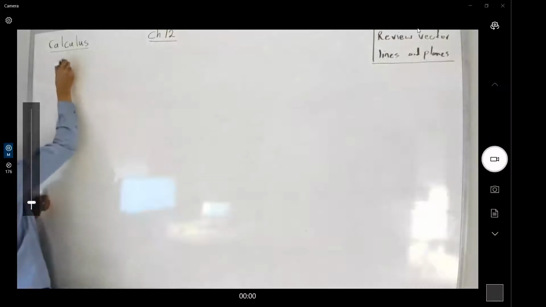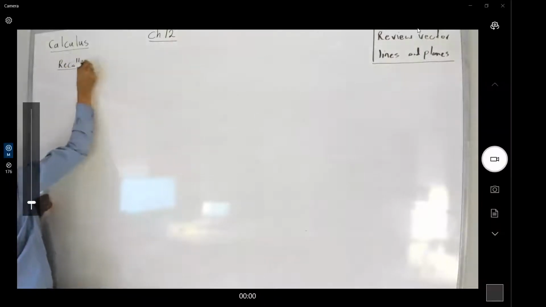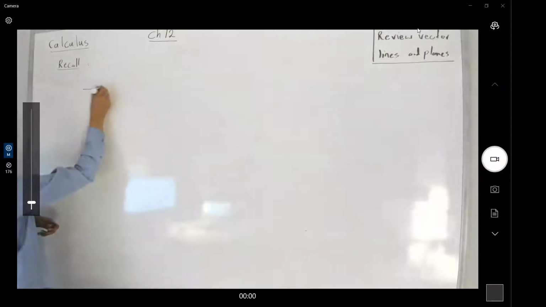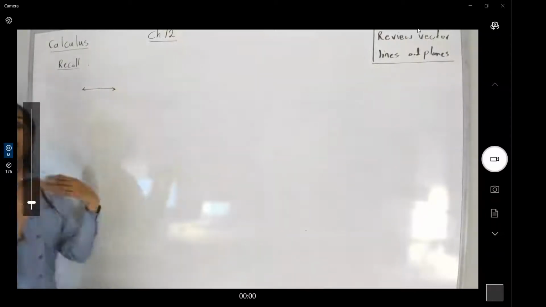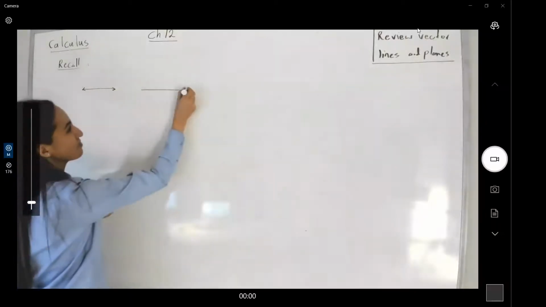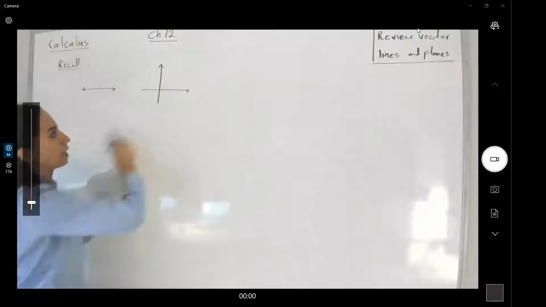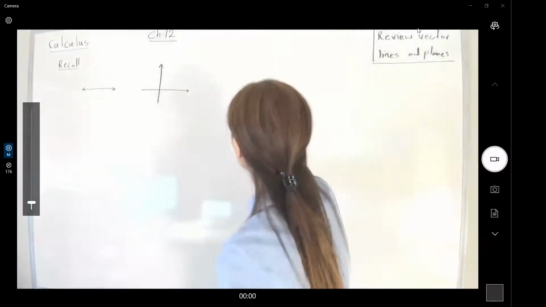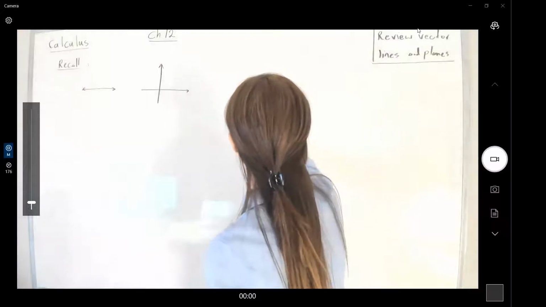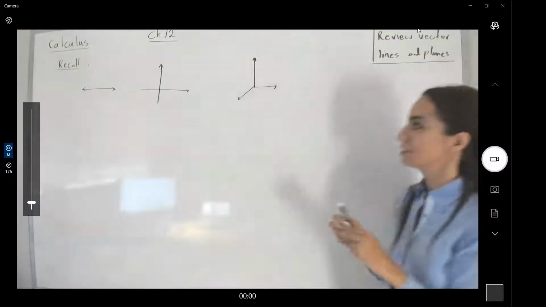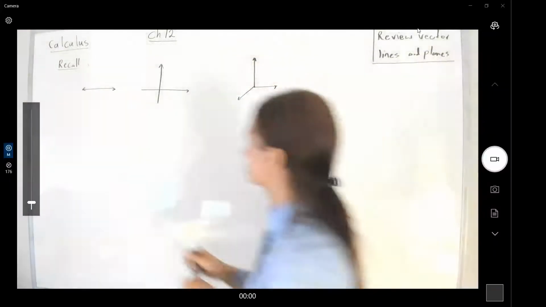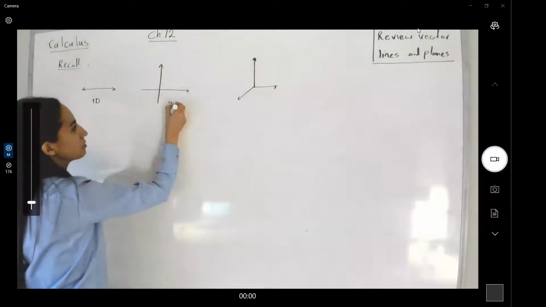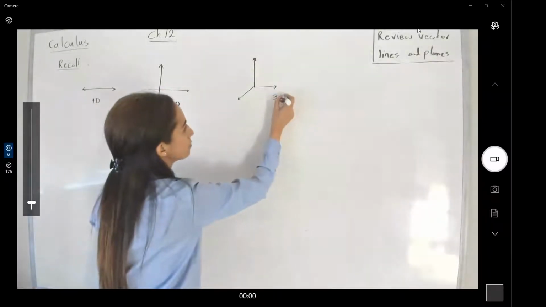Recall that we started from one dimension, line, into 2 dimensions, planes, and then we generalize this to 3 dimensions or the space. So 1D to 2D to 3D.